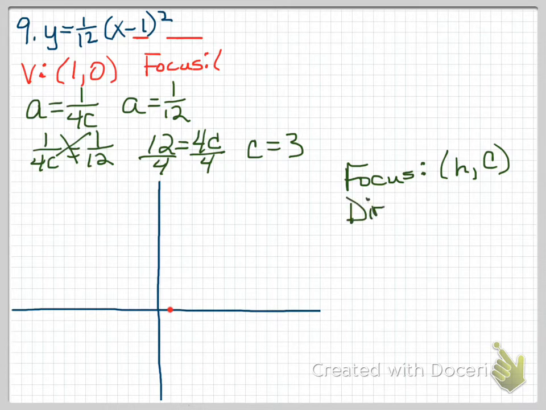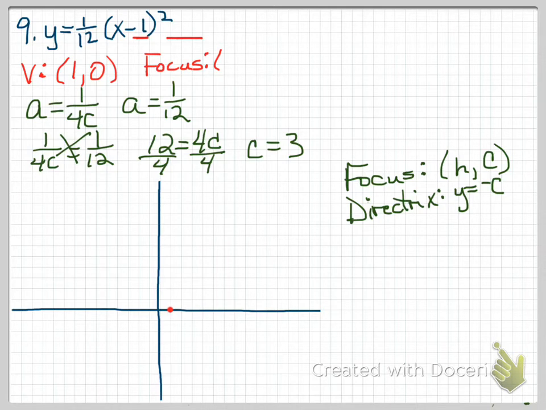okay, and remember this is y equals, so this is a vertical equation or vertical graph. So my directrix is also going to be y equals. So y equals for the directrix is -c. Remember that? Okay.